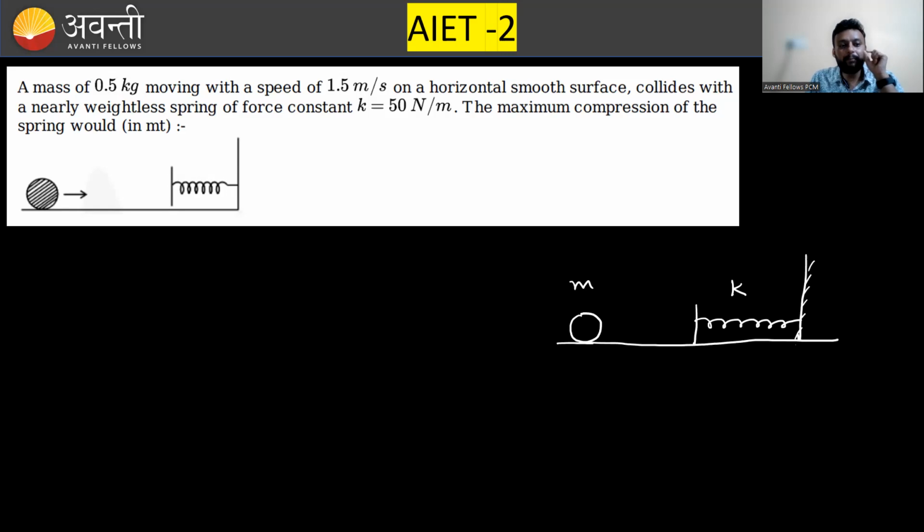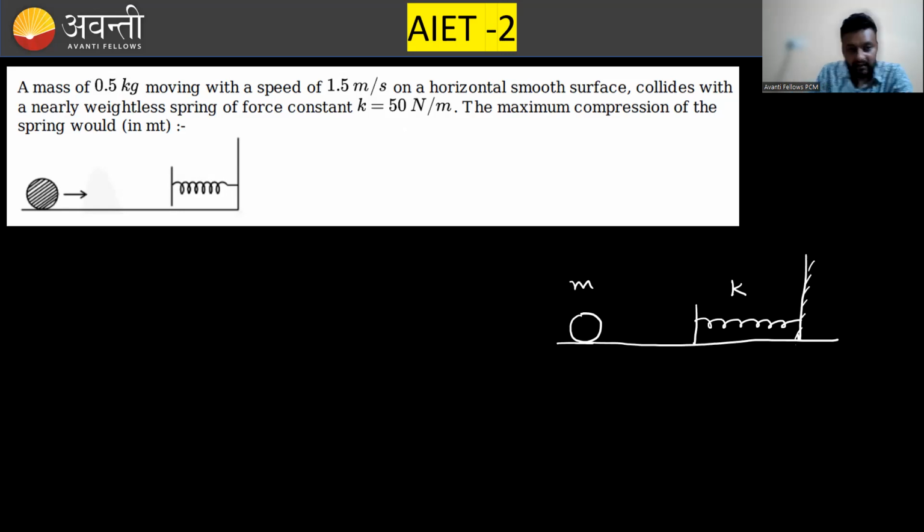Now, listen to the question. The maximum compression of the spring. What does it mean? The maximum compression is when, suppose this is the ball which is coming and striking, the spring will compress, and it finally stops compressing. At this point, it means that the ball has lost all its velocity.